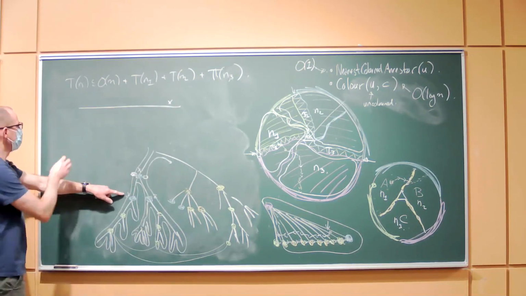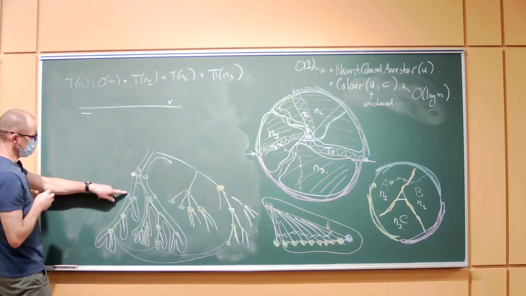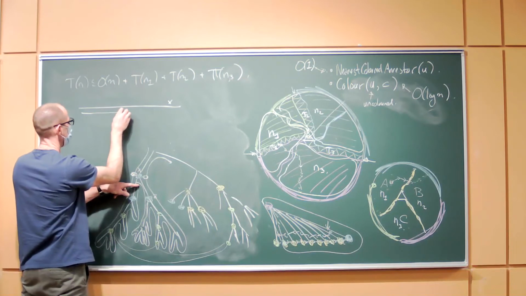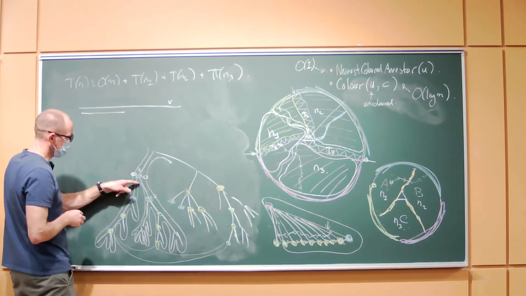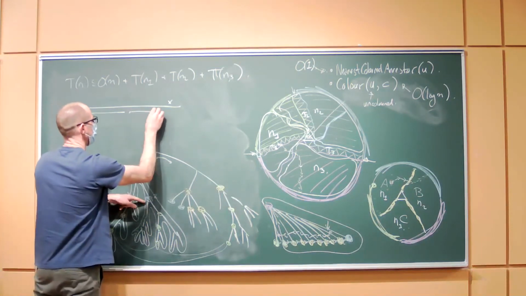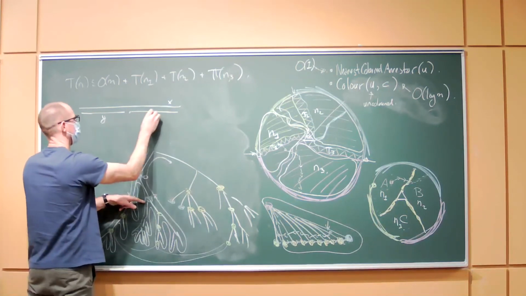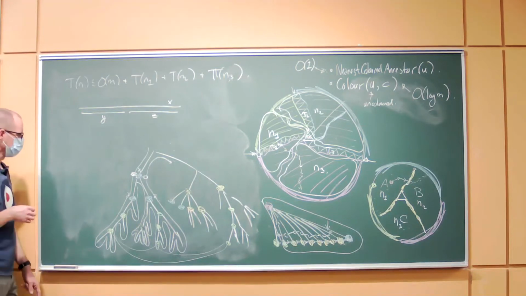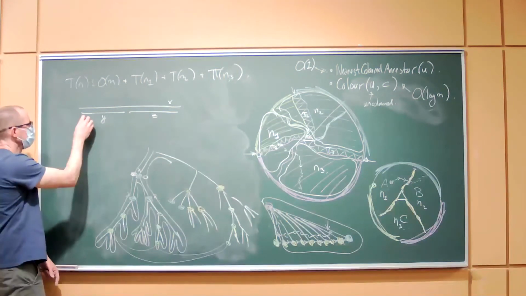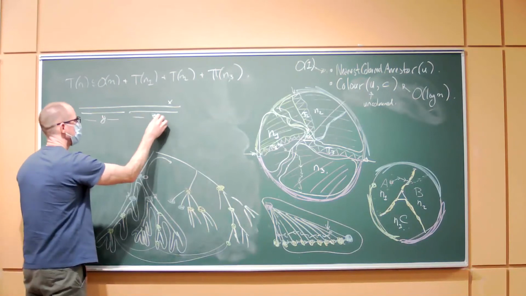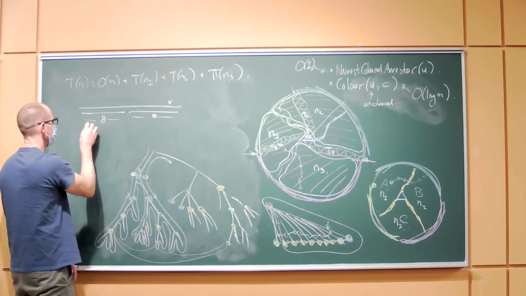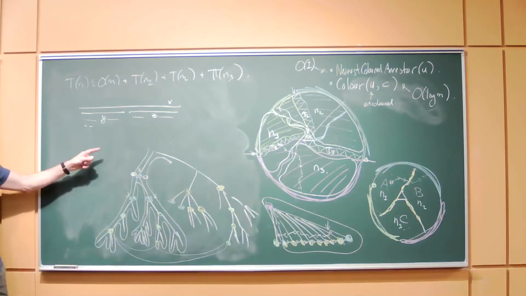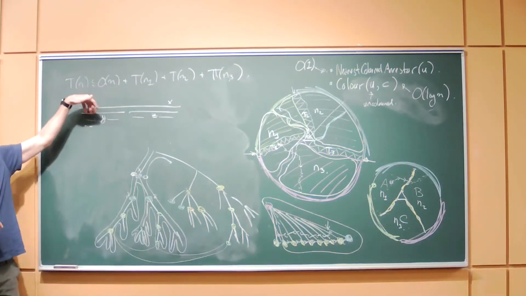The interval for Y starts immediately after X's interval starts, and then goes to somewhere there, and then immediately Z's interval starts, and so on. So you get some representation of the same tree, but now the nodes are represented by these intervals. If one is an ancestor of the other, then its interval contains it.